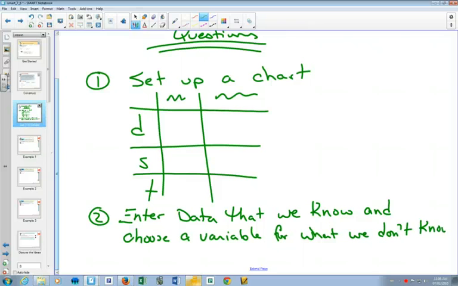We're only going to choose one variable. I didn't say choose variables, choose a variable. So the first thing that you don't know, it might be you don't know how fast they're going. You're going to put an S in for that variable. Okay? Because what we're going to do in our chart is write the entire chart with only one variable.